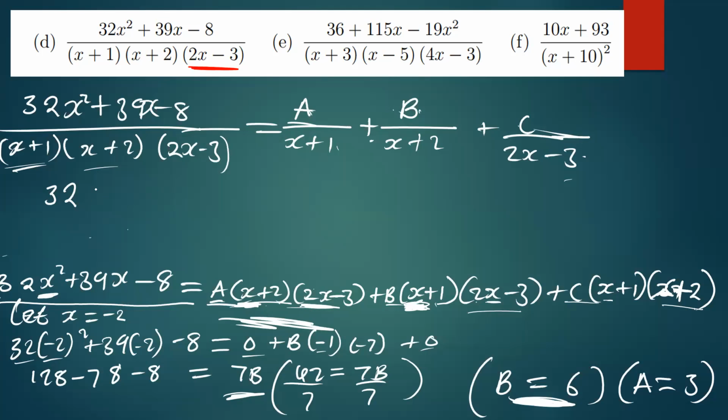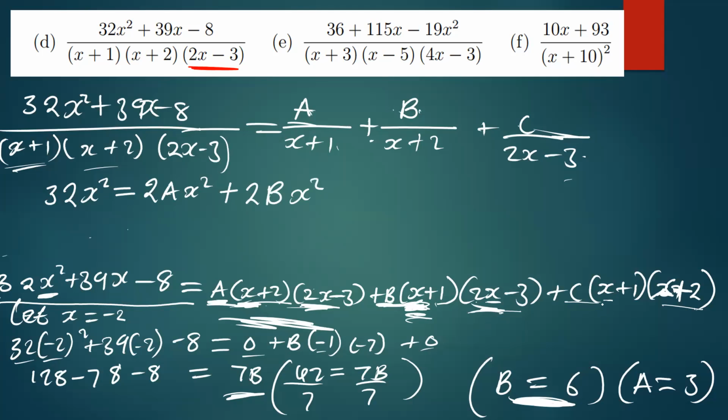Okay, let me write 32x squared for the sake of understanding. And then we have a times x to be ax times 2x, it to be 2ax squared. And then we move on to the next term, we have b times x times 2x. So we have b times x, the answer is bx times 2x, another 2bx squared.